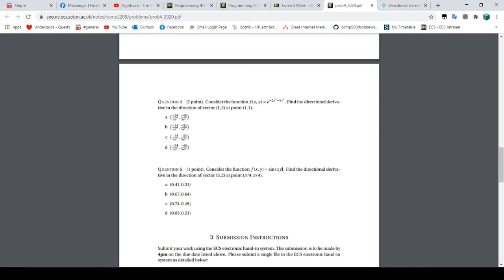Okay, so we've got the x bit. That's like 0.454. Then the y bit's going to be exactly the same though, isn't it? 0.454. Right? So then you do answer divided by root answer squared plus answer squared, something like that.